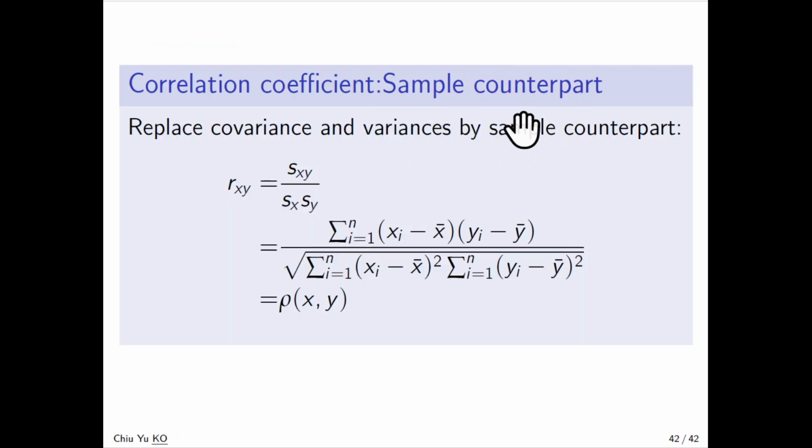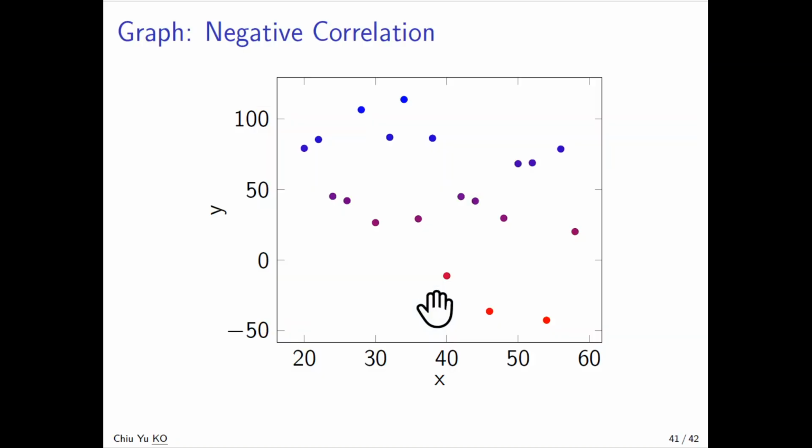The sample counterpart is the same, because the covariance is divided by n minus 1 and the standard deviations are also divided by n minus 1, so they are exactly the same. So there's no separate sample correlation coefficient. We also mentioned there's a line to be drawn.